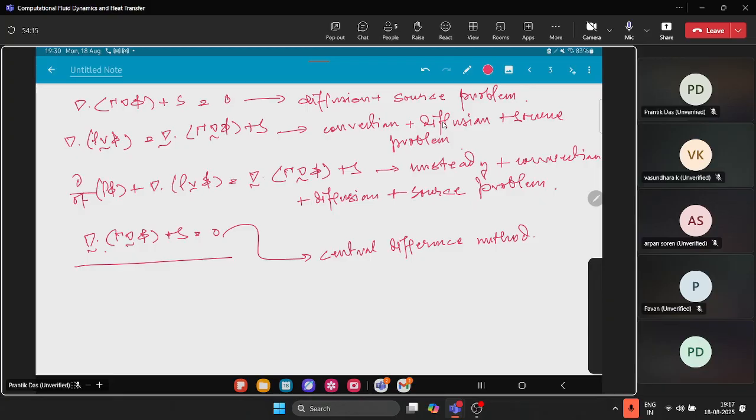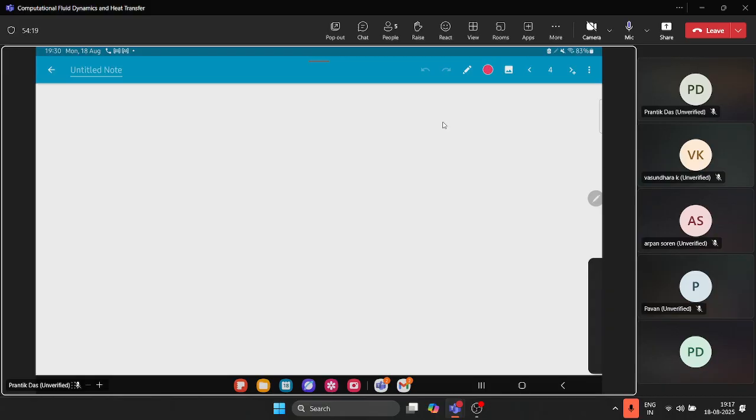So how to solve the problem? Before solving any kind of CFD problem, we discretize the whole domain into small control volumes. As I have said earlier, there is a certain nomenclature we follow while dividing the whole domain into control volumes. For example, consider a 1D rod through which heat is flowing.